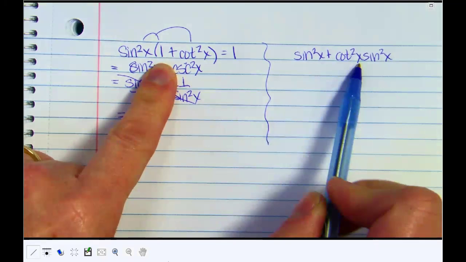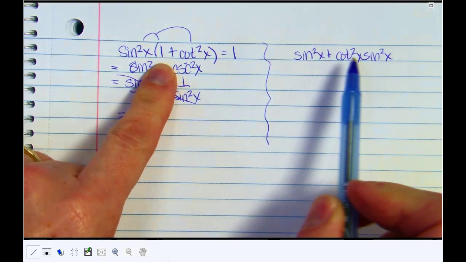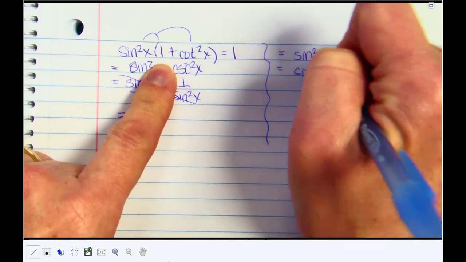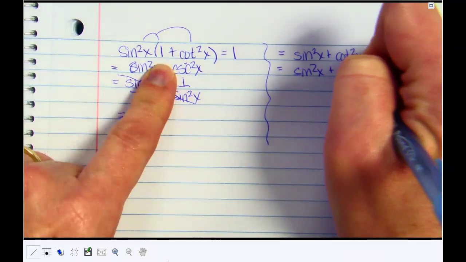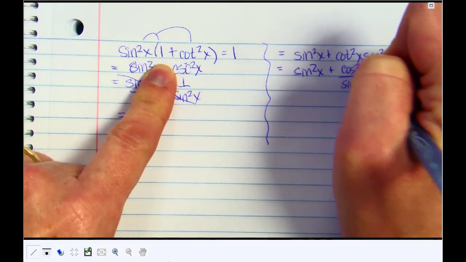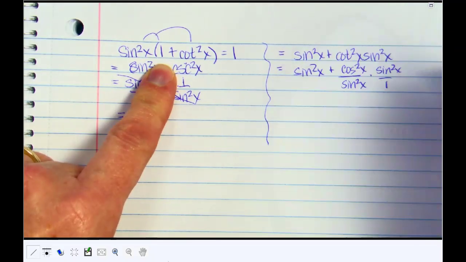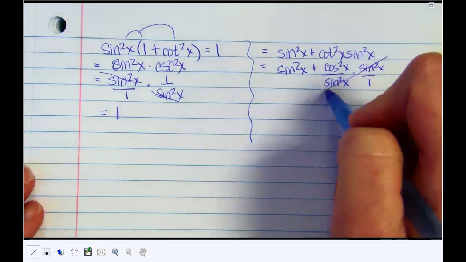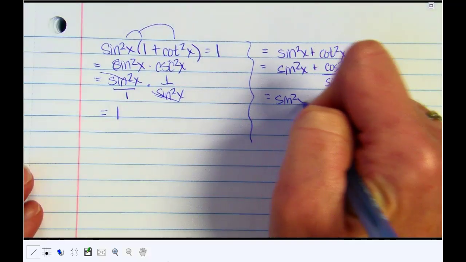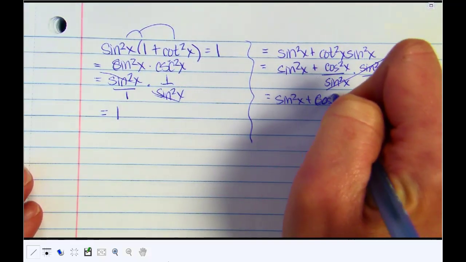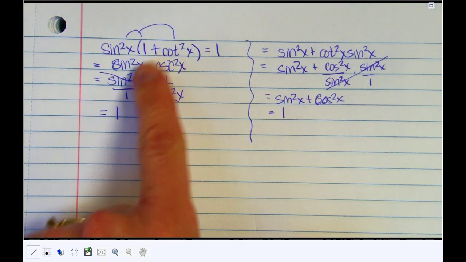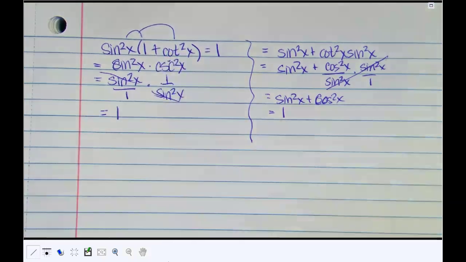If you turn this into sines and cosines, which is the only other thing you could do here, you still have sine squared, but cotangent is cosine squared over sine squared. Sine is sine. Those cancel. This is equal to sine squared plus cosine squared, which is equal to 1. There's 2 ways to do it. This one is just a little bit easier because you take out the distribution. Neither of them is terrible.